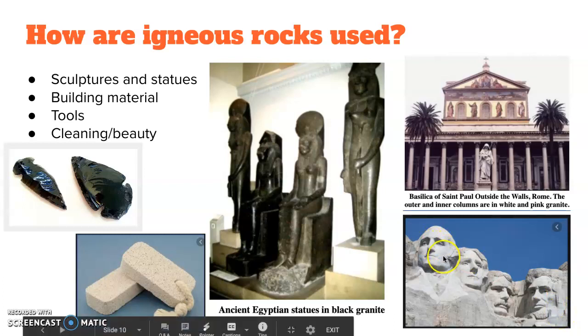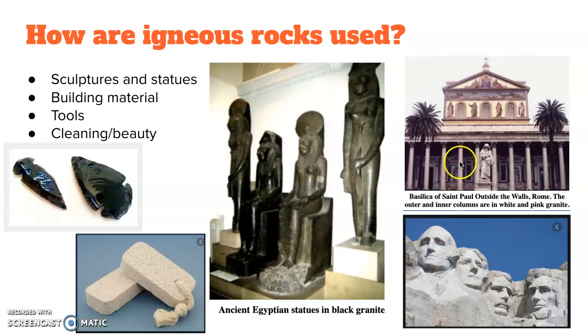This is granite that they are carved into. It also can be used architecturally in columns, in flooring, all kinds of government buildings. This is showing you a basilica of St. Paul outside, so churches, buildings like that are going to use granite as a building material to make the structure.